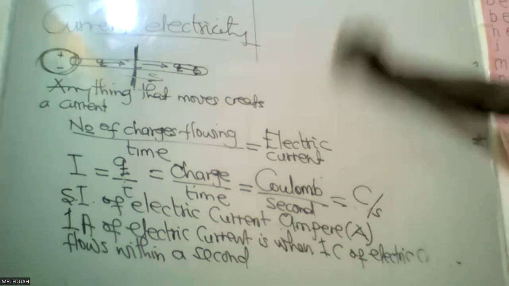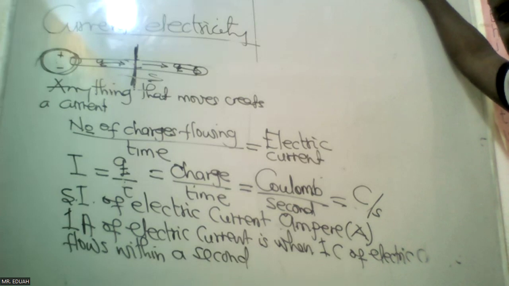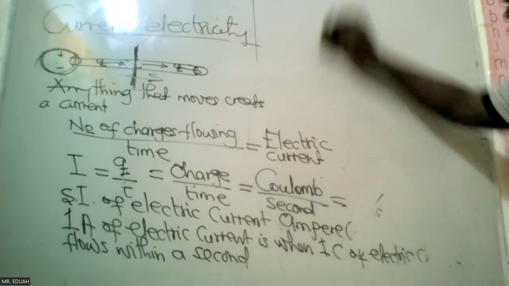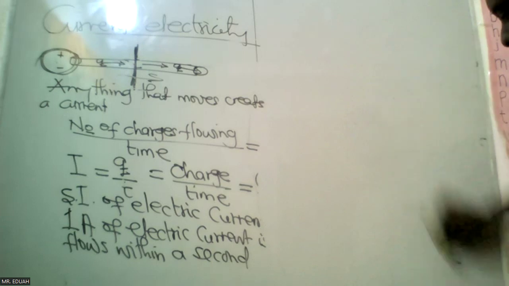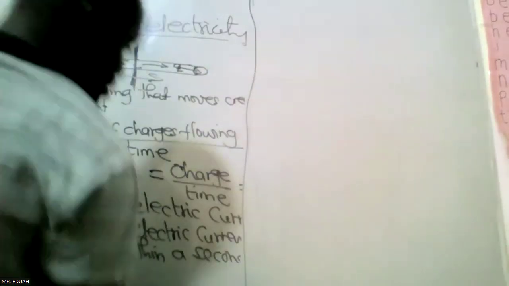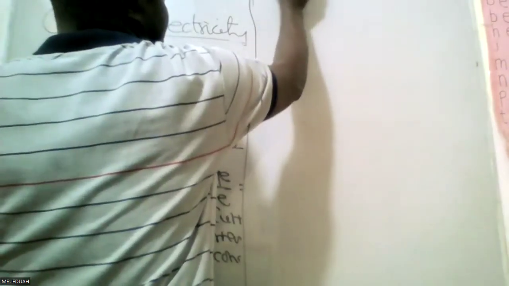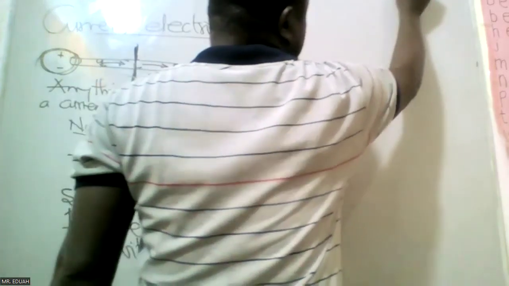The instrument used for measuring electric current is the ammeter. The ammeter is used in measuring electric current. Debbie, are you there? Yes, please.